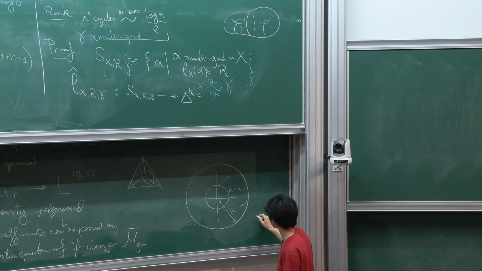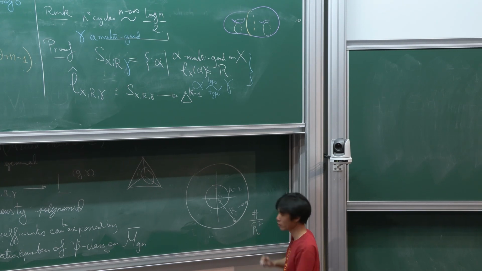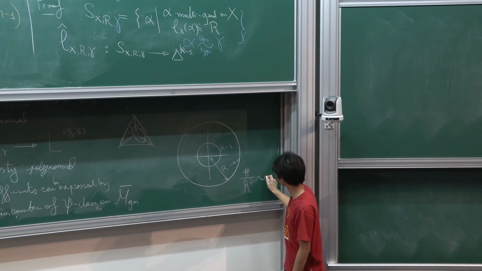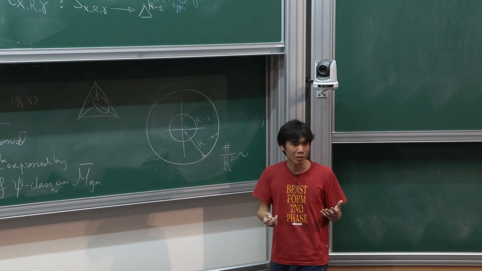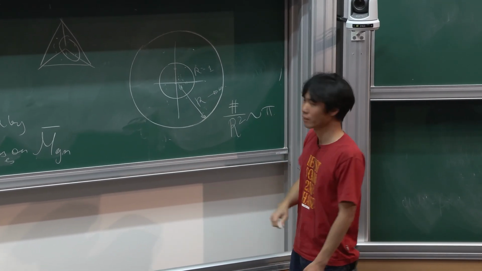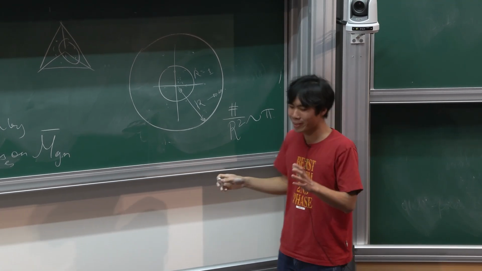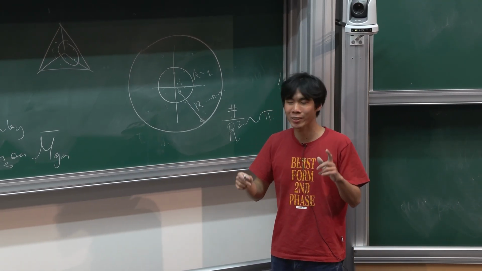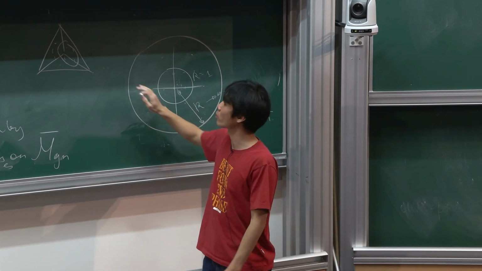So roughly, the number of points divided by the rescaling constant will be like the area of this disk. You can imagine it's a very similar idea, so you do the same thing for this counting problem.